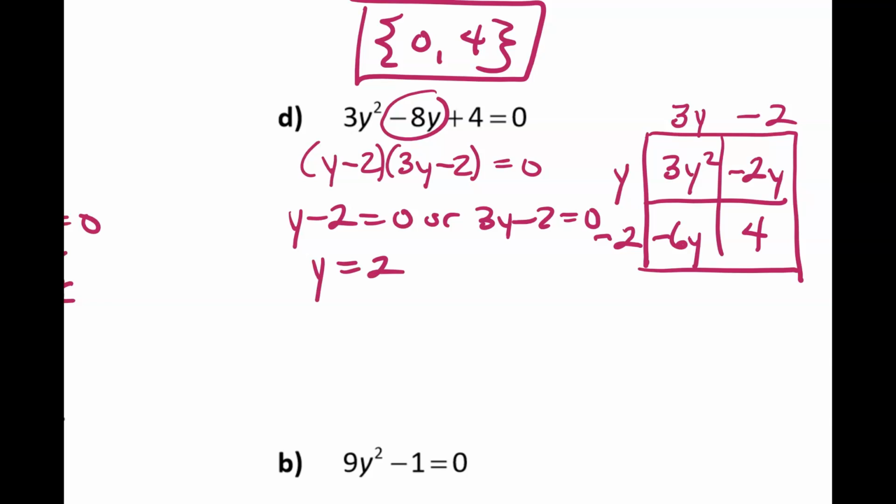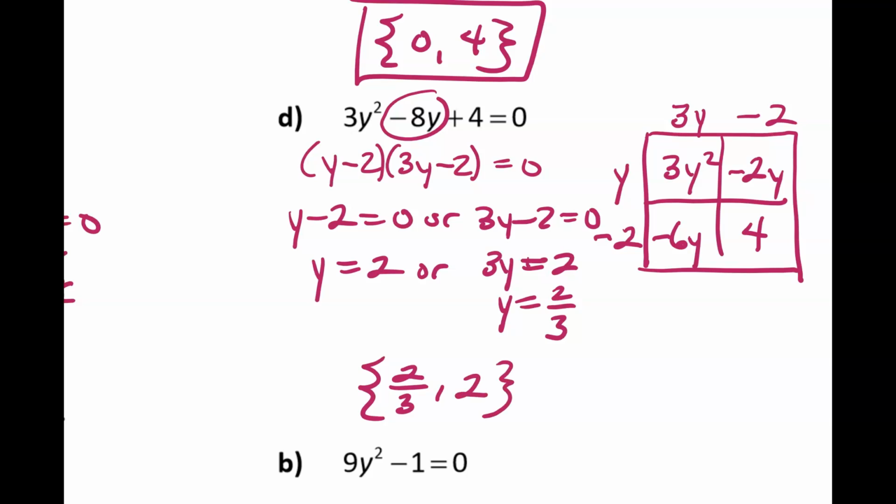Adding 2, we get y equals 2 from the first equation, and then adding 2 and dividing by 3, we get y equals 2/3 from the second equation. So we have two solutions, 2/3 and 2. It doesn't matter what order you put them in. I'm going to tend to give mine from least to greatest.